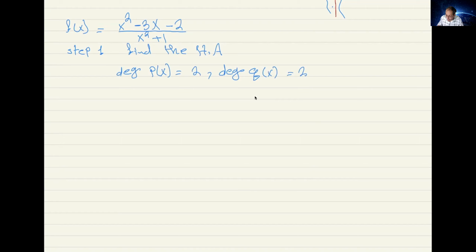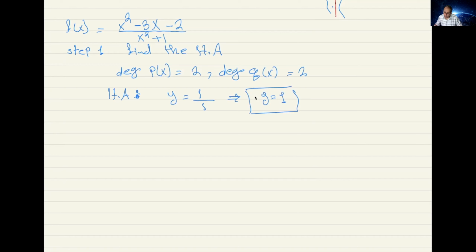Therefore, the horizontal asymptote y is the leading coefficient of p of x divided by the leading coefficient of q of x. So y equals 1 over 1, since the leading coefficient of the denominator is 1. Therefore, the horizontal asymptote is y equals 1. Okay?